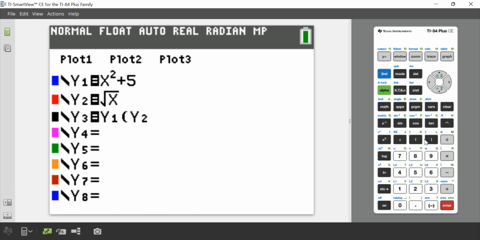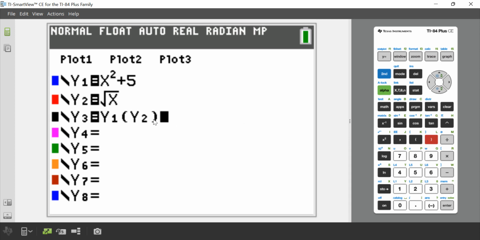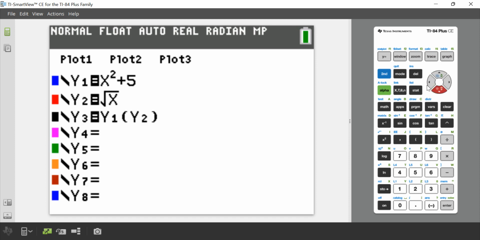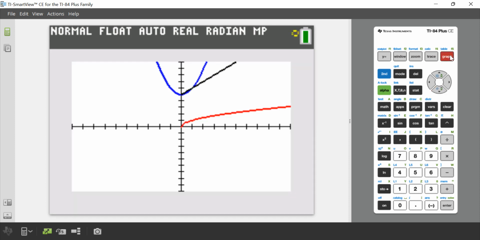And you can see the function notation working here. So I've got that composition of functions, and let's keep the two individual functions selected and graph all three of these.